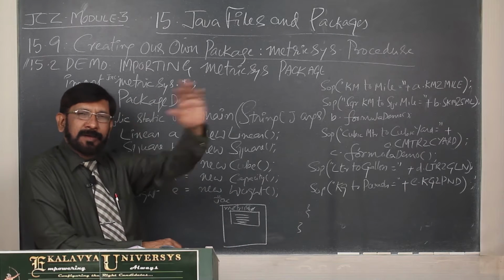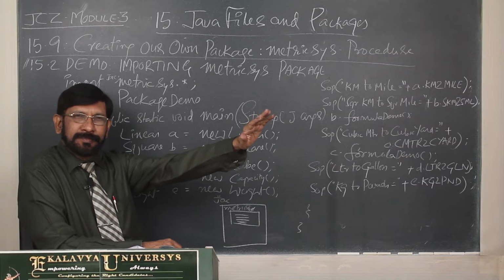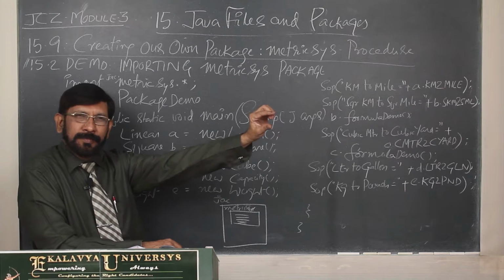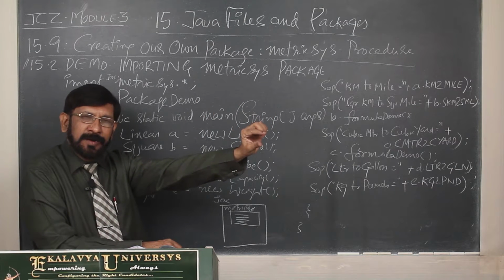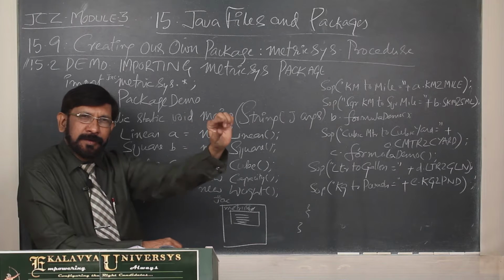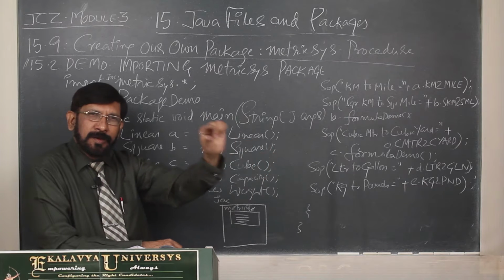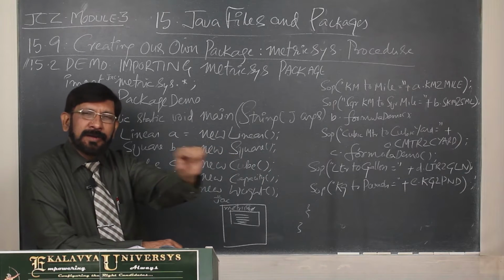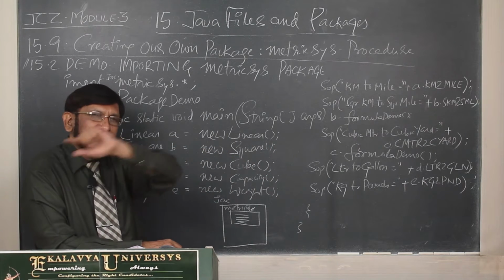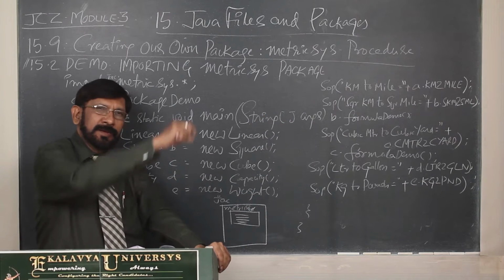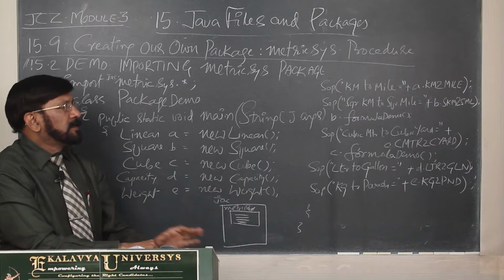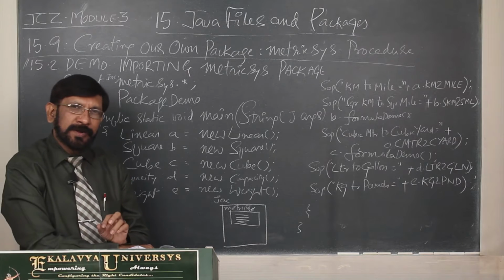It is like your address: Dr. Manohar, flat number 101, Galaxy Apartment, street number 10, Rajajinagar, Bangalore, Karnataka, India. You write the entire thing in a hierarchy, and that is called a fully qualified name.